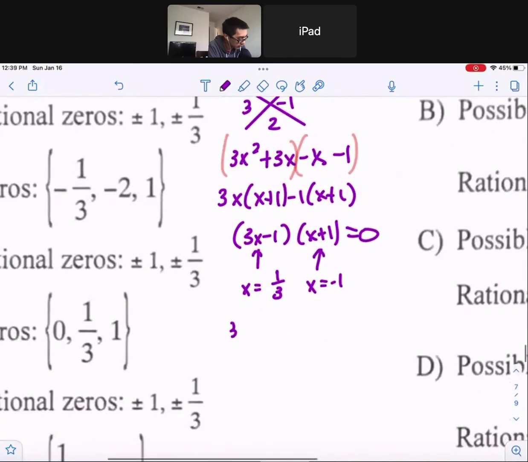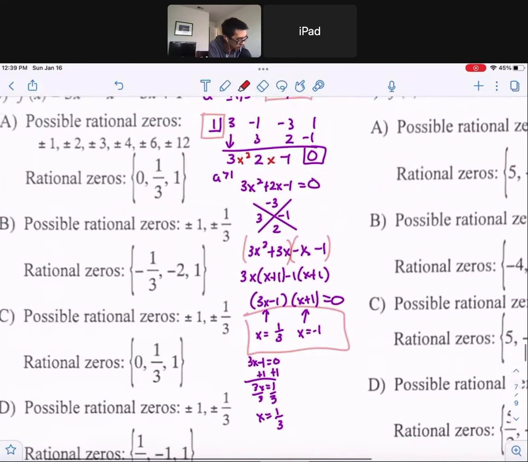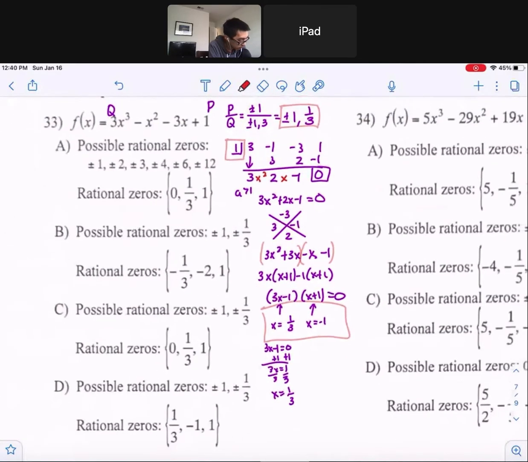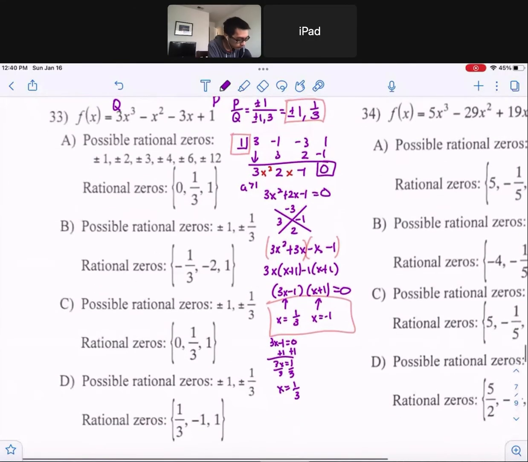If you can't do that in your head, then just set it equal to 0 and solve from there. So our three answers are 1, negative 1, and 1/3. And that's in this rational zeros list, the possible ones. So our answer is going to be D.